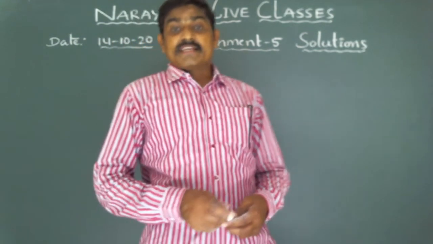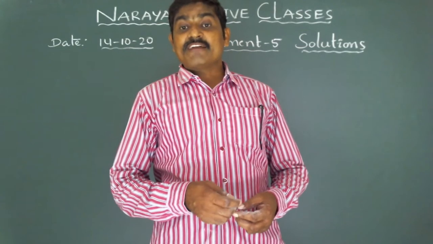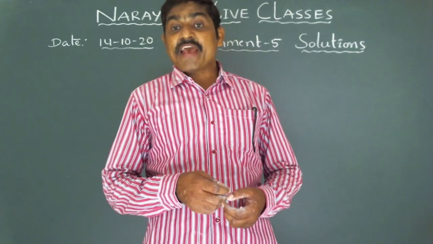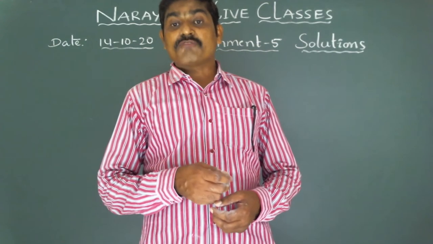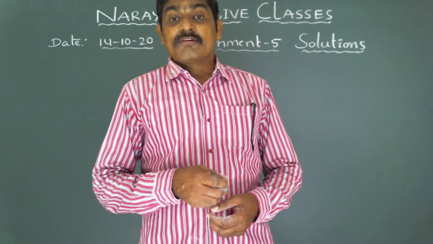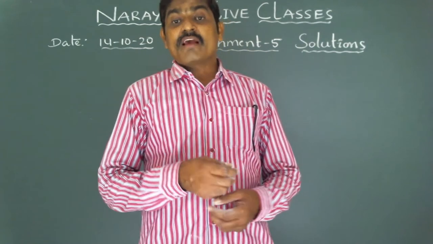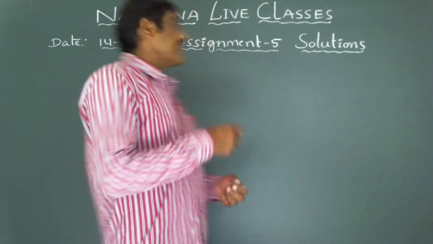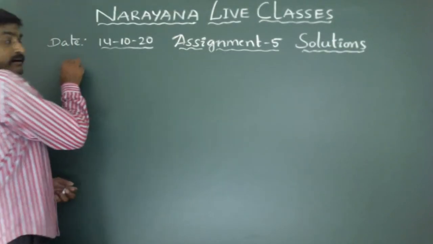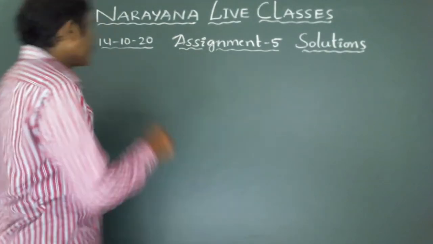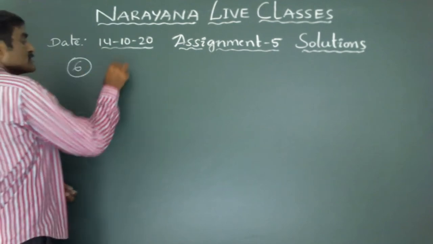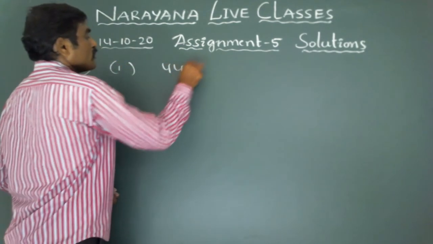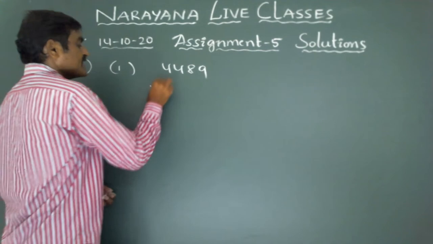Now the sixth question is: find the number of digits of the square root of each of the following numbers without any calculation. The first one is given, 4489. What is the number of digits?